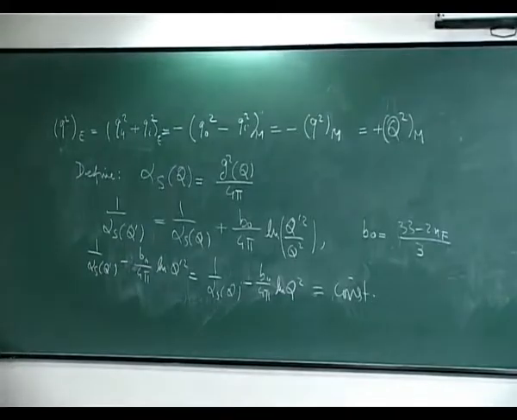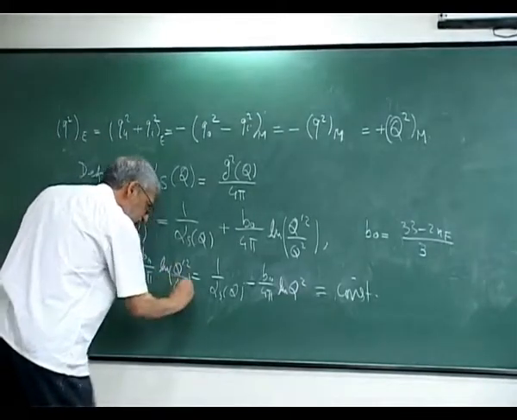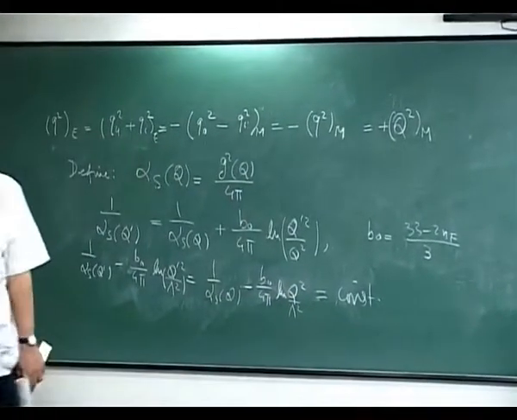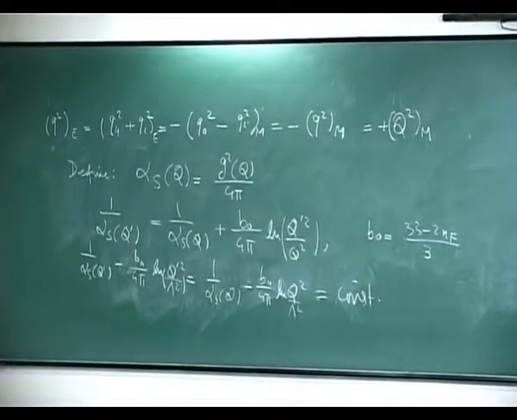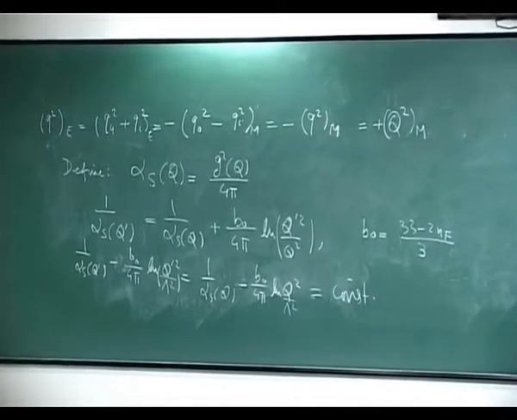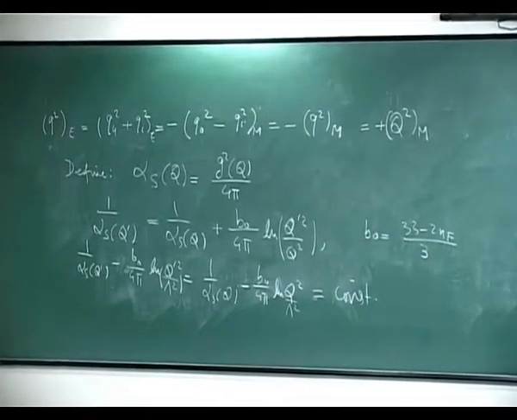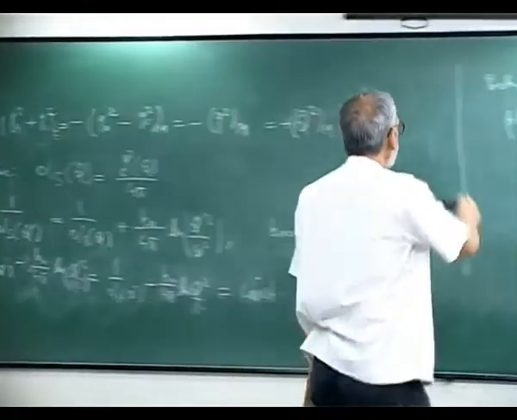And let me do one thing, divide this by lambda square. But that's just adding constants to both sides. Clear? And now let me make a choice.